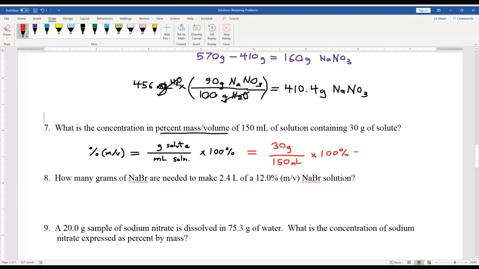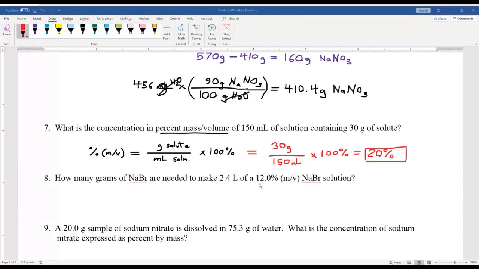If I plug that into my calculator, that should give me 20%. Does that make sense? Cool. So let's go ahead and try the next one.